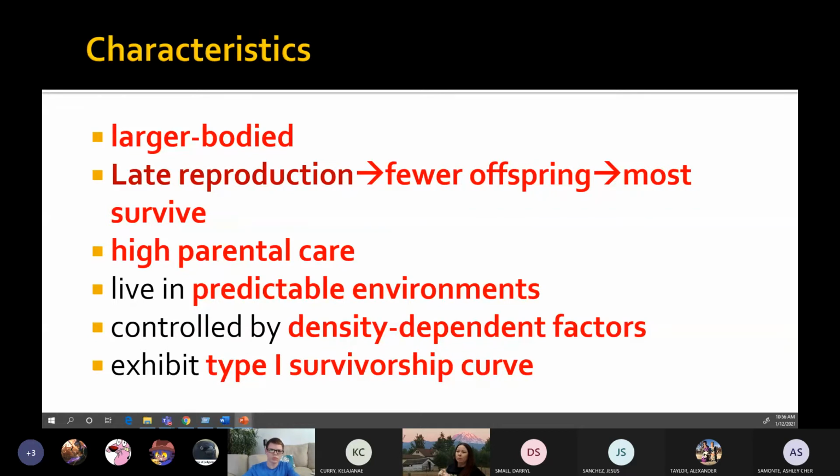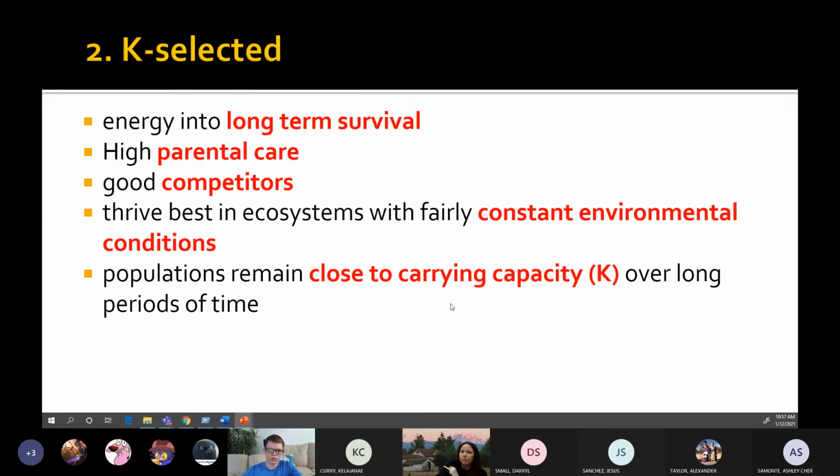And then a type 1 survivorship curve, which we'll see in just a moment. Yes, Javea, I'll go back. There you go.